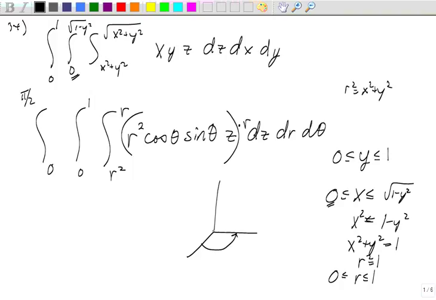So for y to be between 0 and 1, and x is positive, we're just getting that part. This says that x is positive right here. So we get just the quarter circle. So we have to go 0 to pi over 2, and 0 to 1 is our radius.